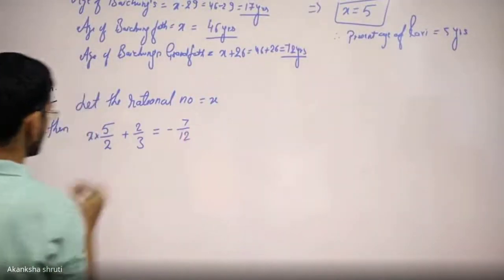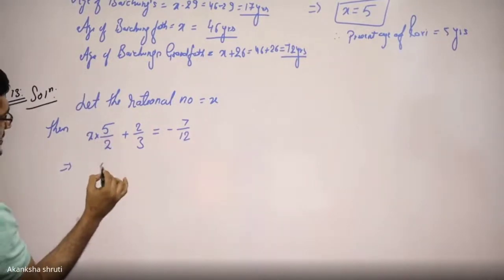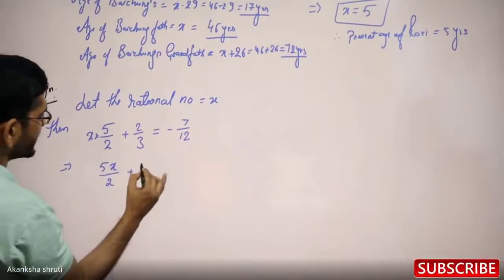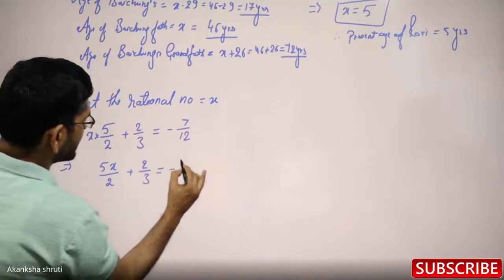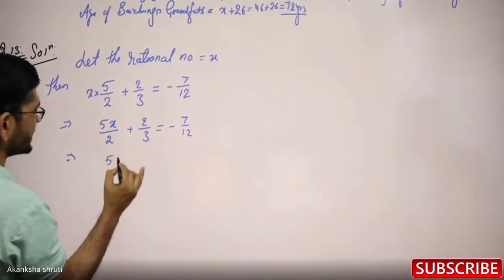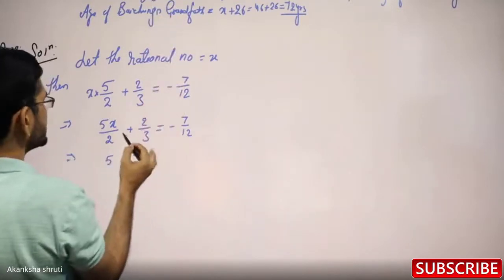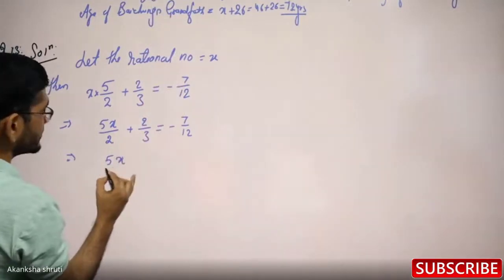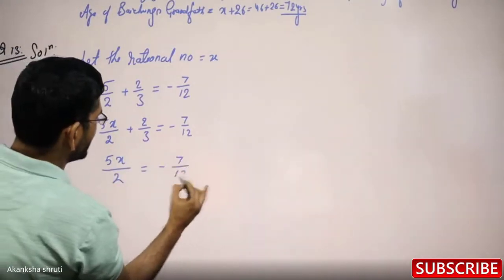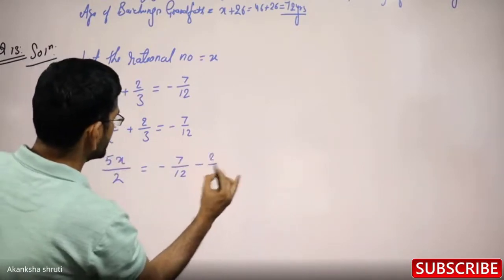It's that easy. So we just have to calculate. Writing X multiplied by 5 by 2, or simply 5X by 2, plus 2 by 3 is equal to minus 7 by 12. We need to send the constant to the other side. So 5X by 2 is equal to minus 7 by 12 minus 2 by 3.